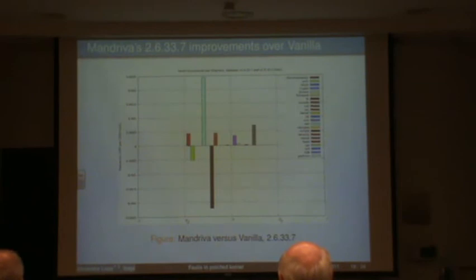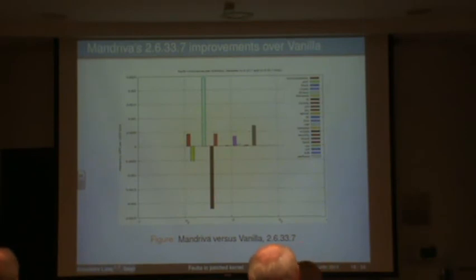We made the same kind of measures over the Mongrel 2.6.33.7 kernel, just to check if we were having the same kind of results. And it turns out we have the same kind of results. We have an improvement over the driver subdirectory. And once again, you can see that the scale shows that this improvement is very slight. In fact, it's even slighter than the Debian one.